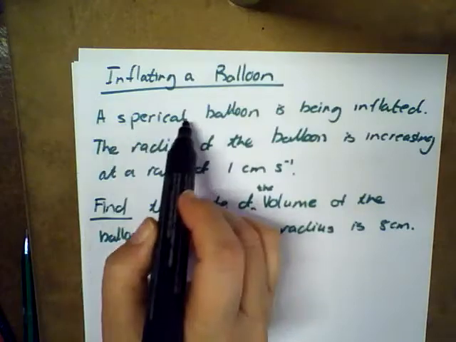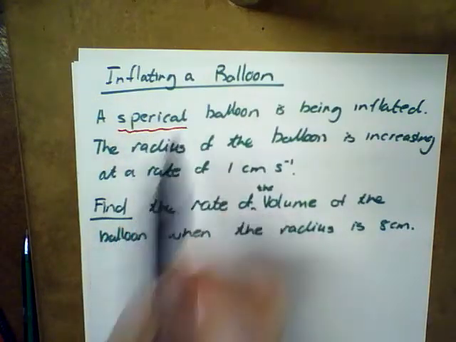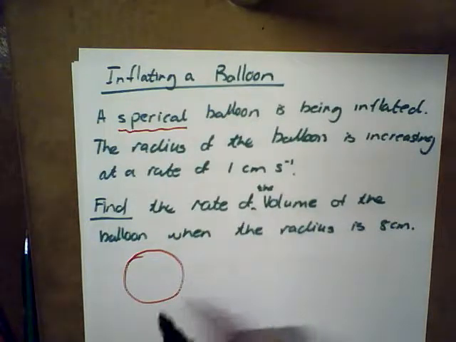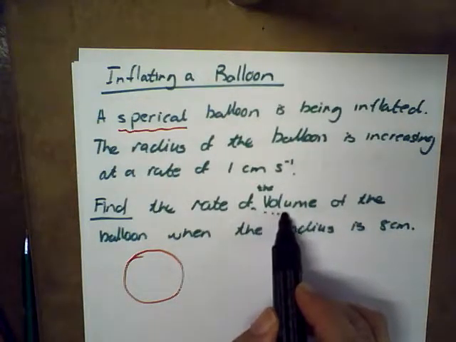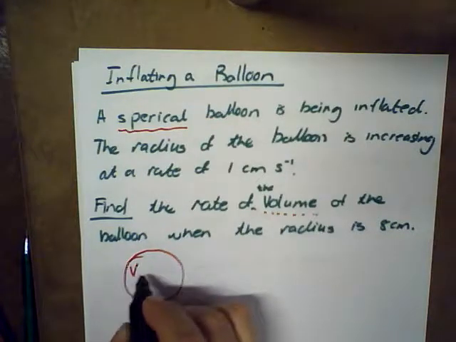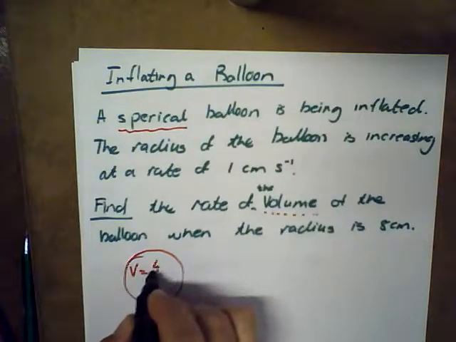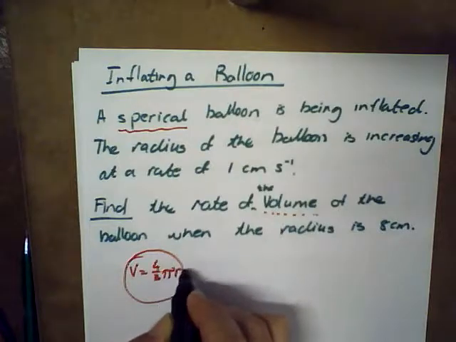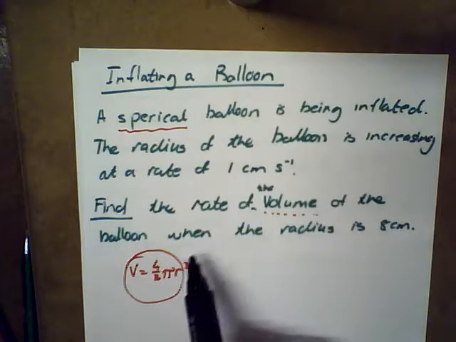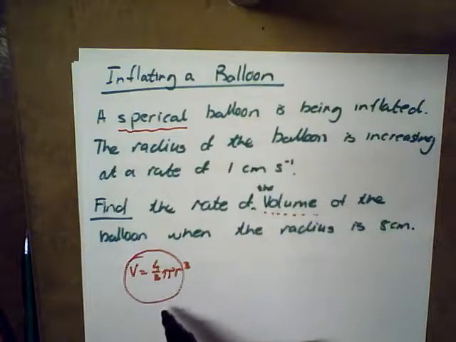A spherical balloon. That means that the balloon is a sphere, okay? And we know that we want to find it in terms of volume. So let's see, what is the volume of a sphere? It's 4/3 pi r cubed. Good. We don't want the volume, we want the rate.